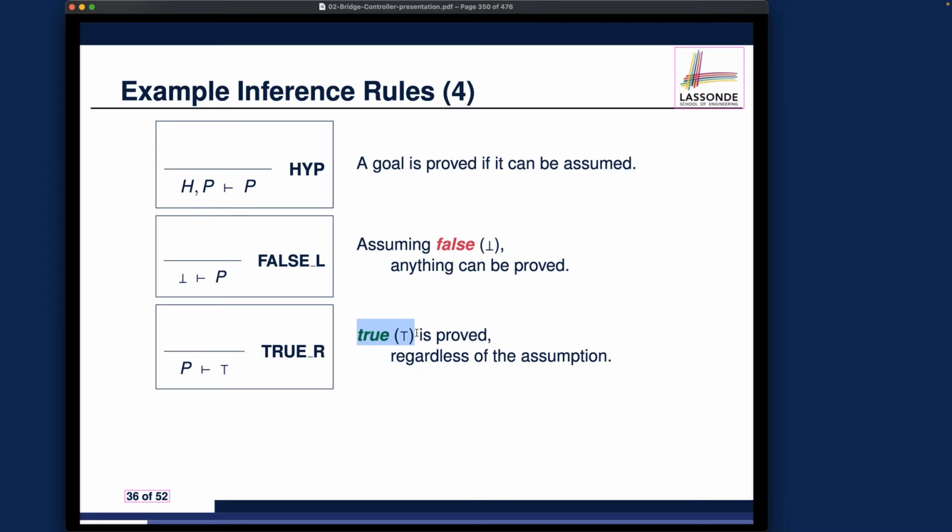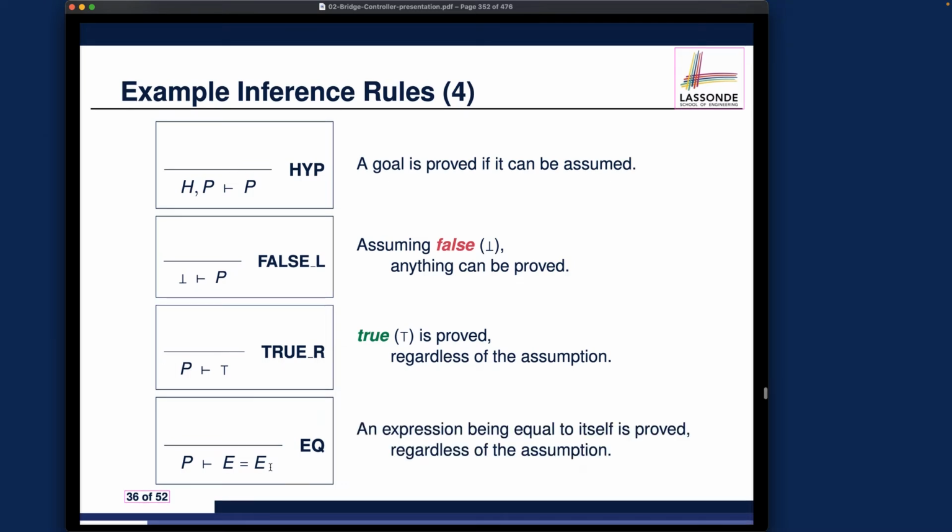The final axiom rule is EQ, just for equality. We are saying that regardless of any assumption P to the left of the turnstile, if you simply want to prove E is equal to itself, it can always be proved. You can say something is always equal to itself without any assumption.